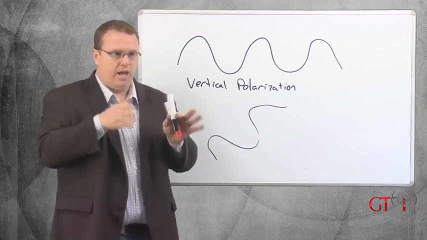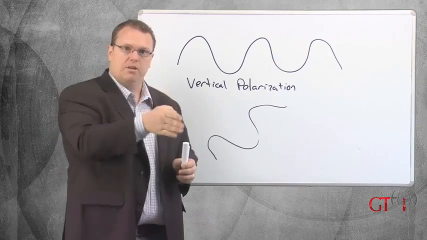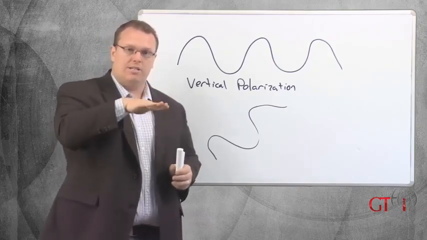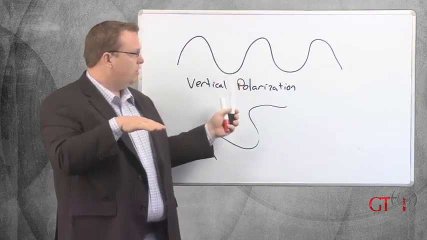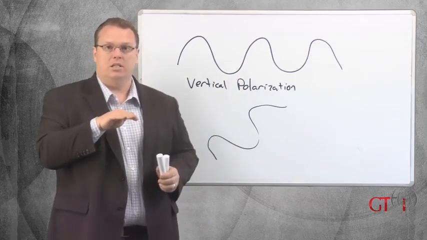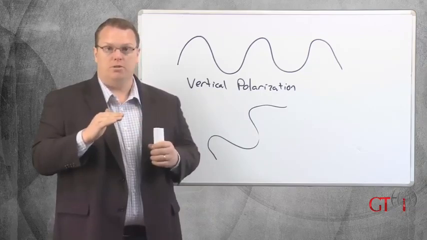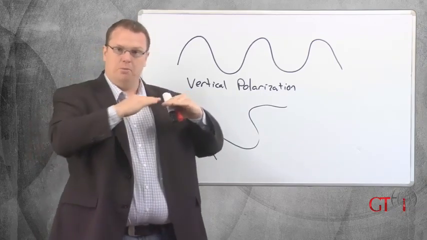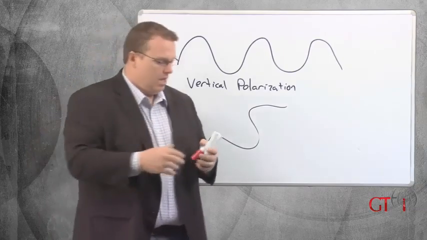But let's just forget all that. All we're talking about is if you have vertical polarization transmitting this way, up and down, and the other side of your antenna is designed to receive it horizontally, so you're transmitting vertically, but you're receiving horizontally, that link will not work. That's how important polarization is. The wave going up and down and trying to be received sideways, it actually won't hear it.